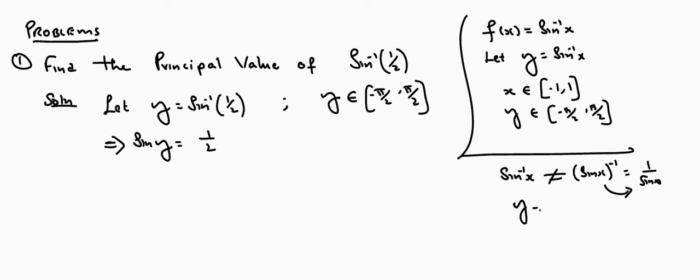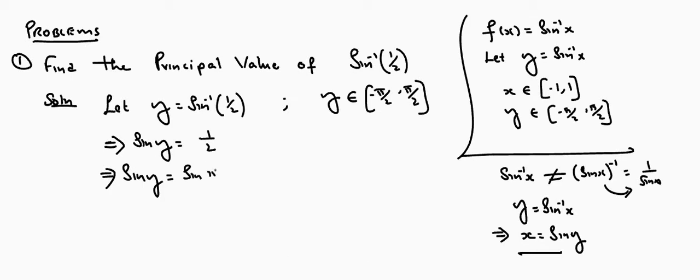Y is equal to sin inverse x, we can write that implies x is equal to sin y. So sin y is equal to 1 by 2. Then sin 30 degree, that is sin pi by 6, is 1 by 2. That implies we can find y is equal to pi by 6.